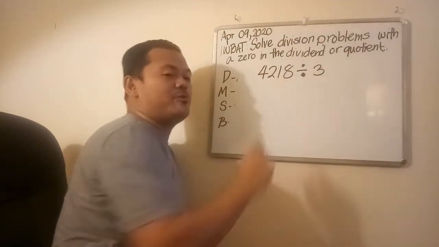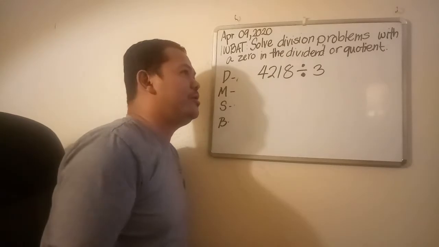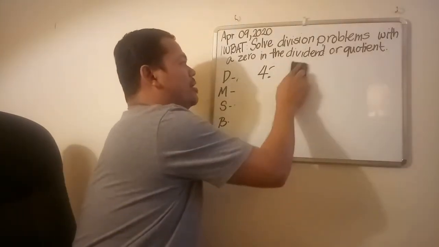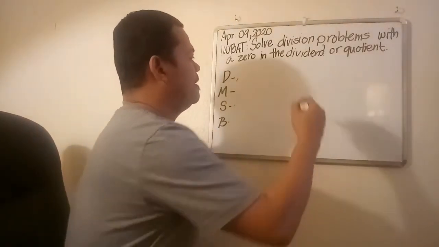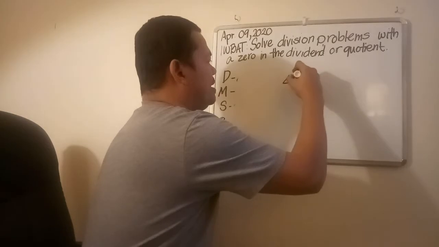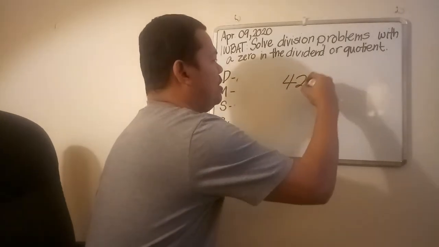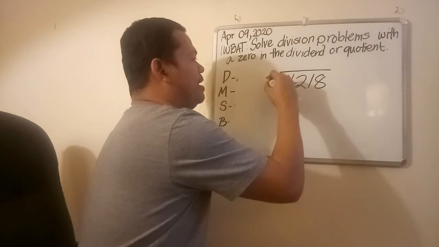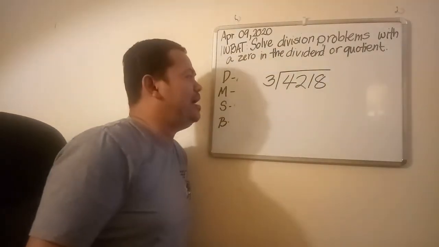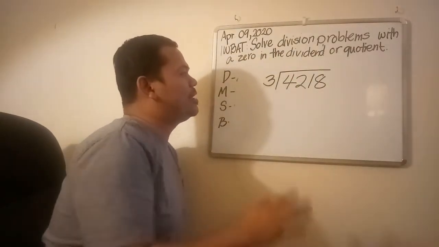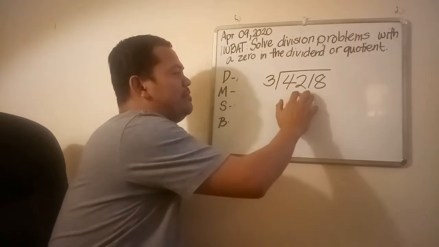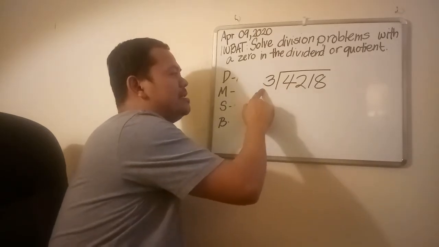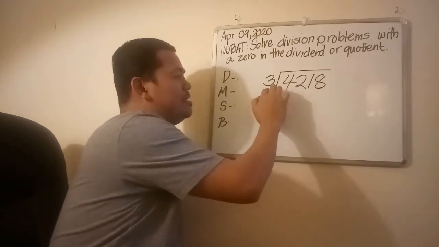Now let us solve another problem, which is 4,218 divided by 3. Okay? In order to write this, we are going to put our dividend inside the square. 4,218 divided by 3. There we go. How many threes are there in the dividend?